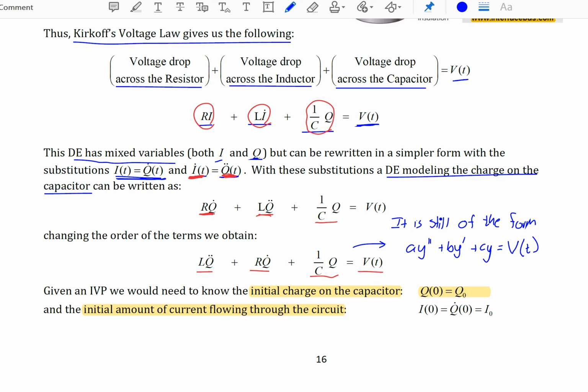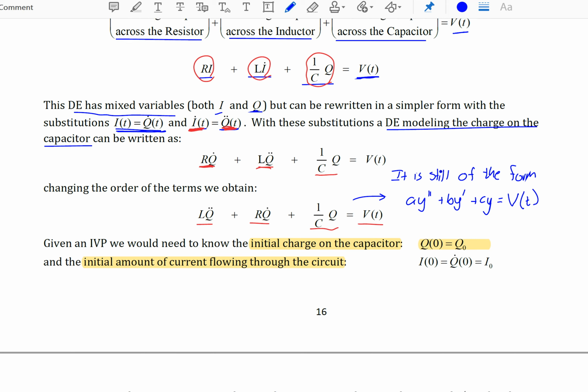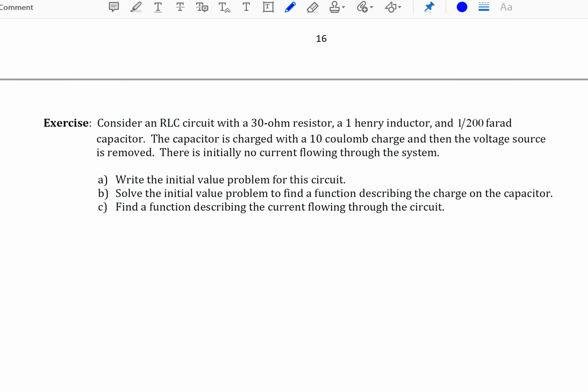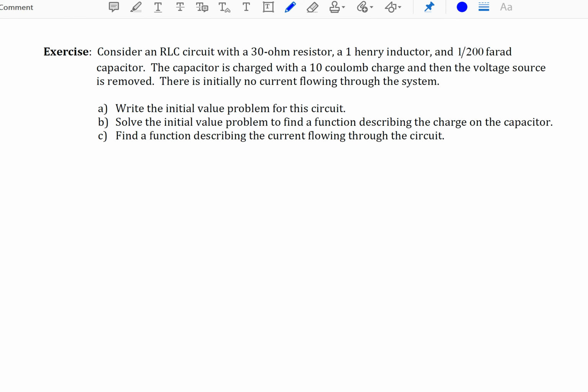Let's look at an example. Consider an RLC circuit with a 30 ohm resistor, a 1 Henry inductor, and a 1/200 farad capacitor. We charge the capacitor to 10 coulombs, and then the voltage source is removed.